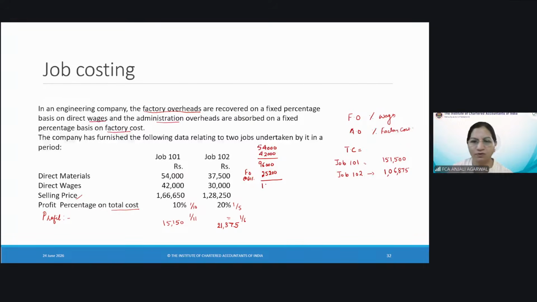Factory cost comes out to be 1,21,200. Administration overheads are 25%. This becomes 30,300 and the total cost becomes 151,500. Sales is 1,66,650. So the profit is 15,150. So the second part is also done for job 101. Similarly, you can do it for job 102.